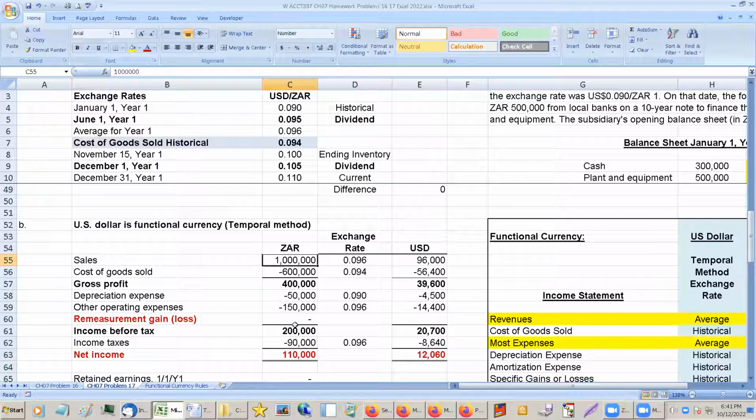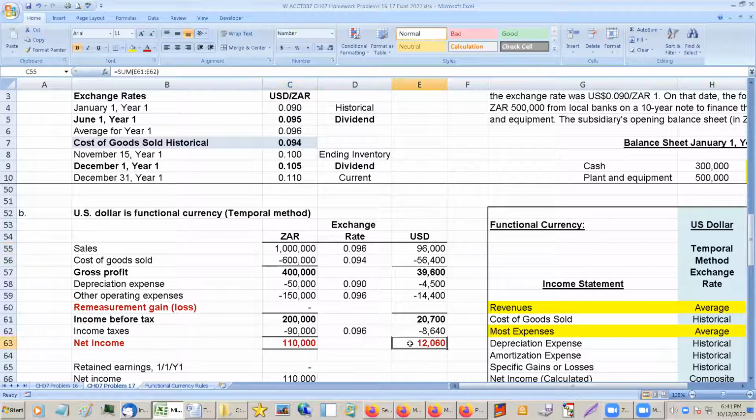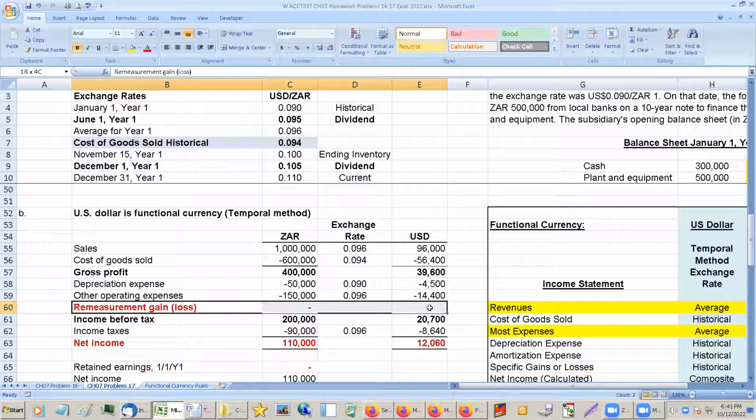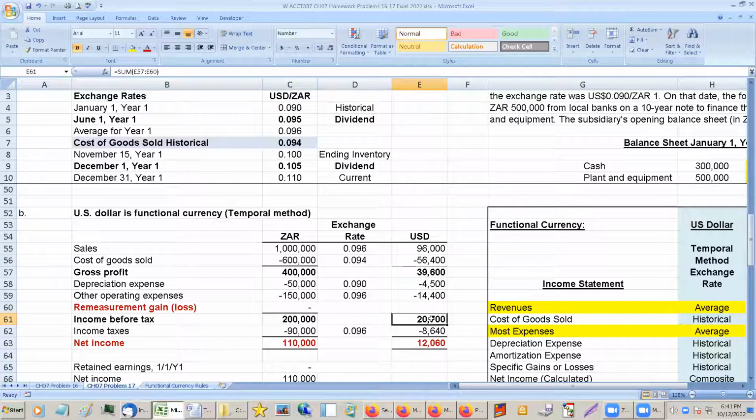Okay, so there's our income. Now, we really should just call that our tentative income, because we're going to have some kind of remeasurement plus or minus come through here. So this is the tentative income.